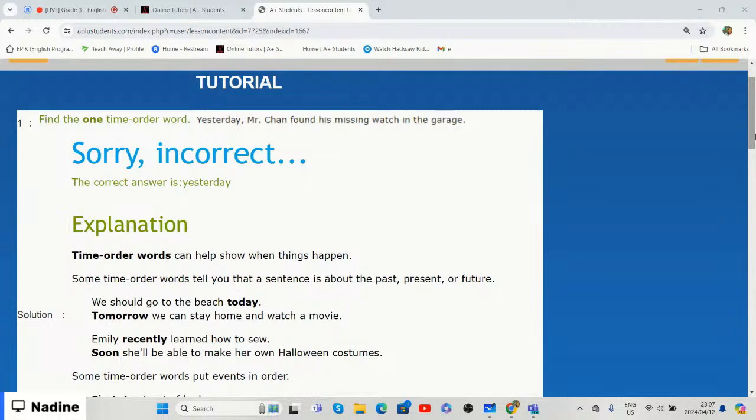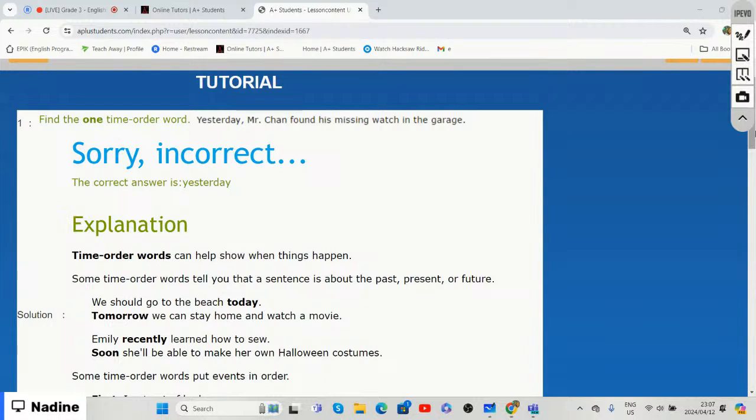And some time order words tell you that a sentence is about the past, the present, or the future. And remember, when we say it's in the past, it means that it has happened already. So we can use words like yesterday, earlier.